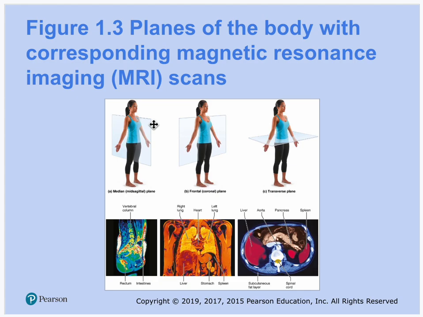If it's right down the middle, it's the mid-sagittal or medial plane. A plane that separates the body into anterior and posterior parts is called the frontal plane. The plane that separates the body into superior and inferior parts is called the transverse plane. There's also an oblique plane, which is any diagonal plane.